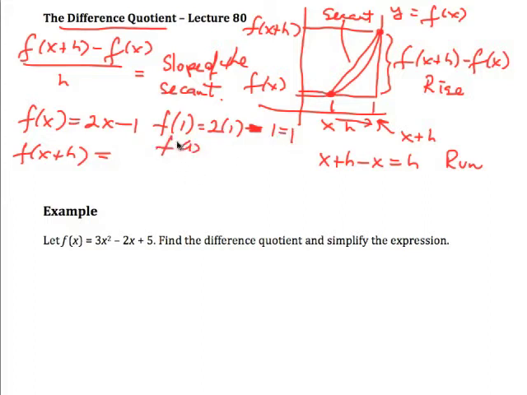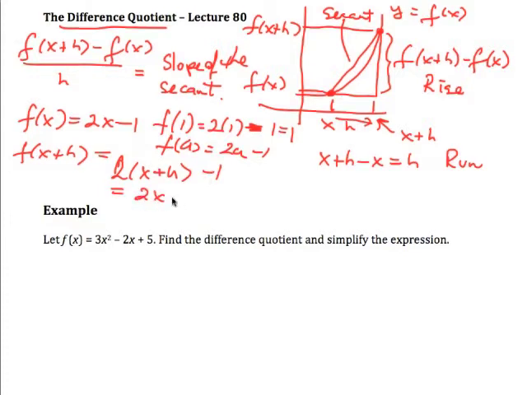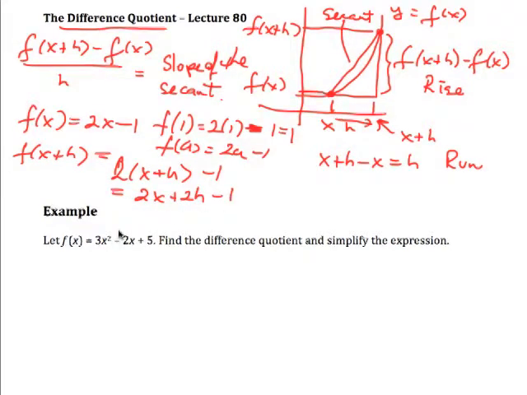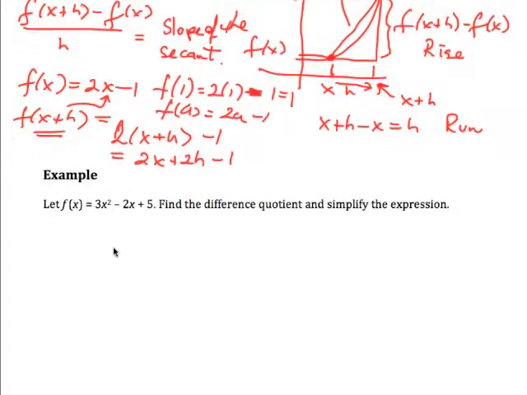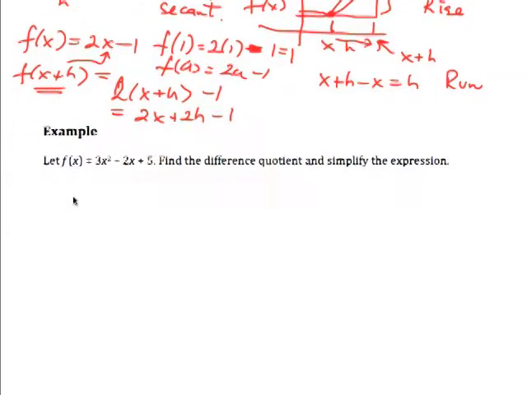F of a would have been 2a subtract 1. So wherever x is, you replace it with this quantity here. So this would be in fact 2 by x plus h minus 1, so this would be in fact 2x plus 2h minus 1. So notice that we're replacing wherever x is with x plus h when we want to find this. So understanding your functional notation is very important.